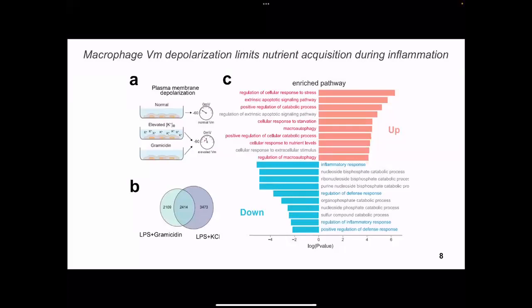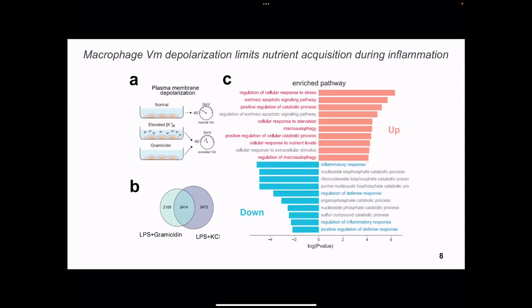We also made sure that the viability of macrophages was not affected by measuring cell death, such as apoptosis or lytic cell death. To seek the bona fide changes induced by the membrane potential depolarization, we performed combined analysis with RNA-seq data from each strategy to depolarize the macrophages, and we found a strong correlation between both treatments in terms of their impact on the transcriptome.